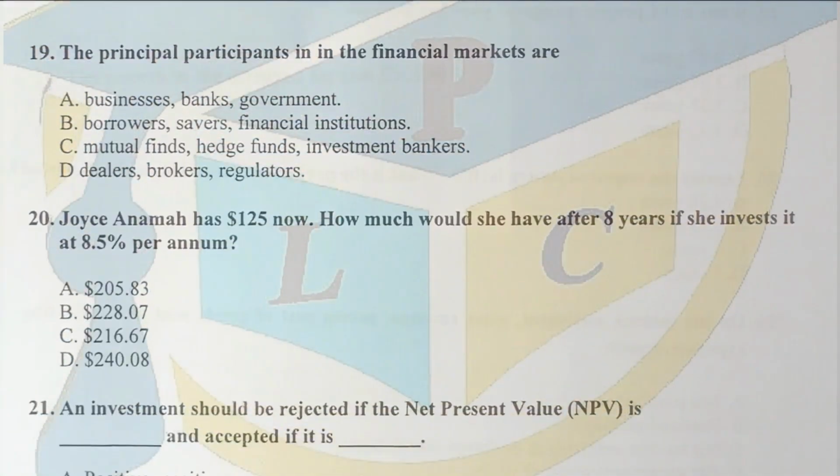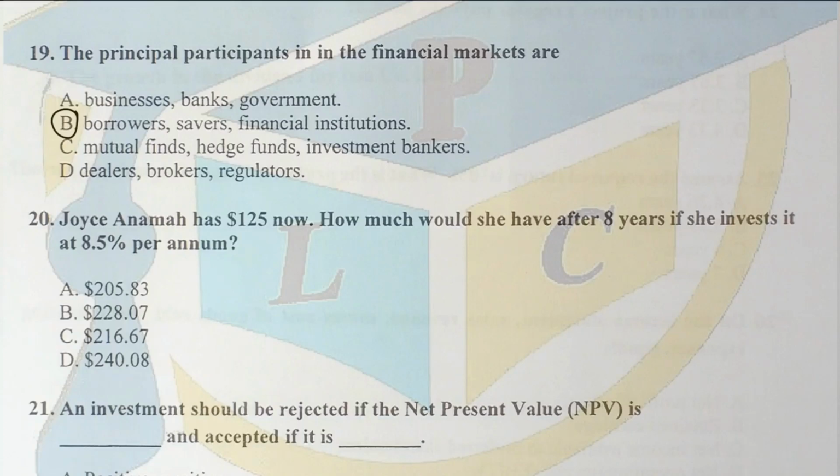The principal participants in the financial markets are, so we have business banks, and these are not part. We have borrowers, savers, and financial institutions, mutual funds, hedge funds, investment bankers, dealers, brokers. So here the main principal participants in the financial markets are borrowers, savers, and financial institutions. So borrowers: individuals, that's households, business, and government.